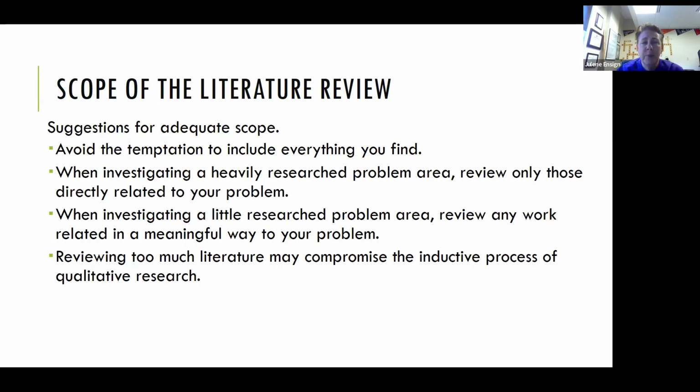Sometimes we pick problems where there's not a lot of research, and that's the reason we want to study it, because there hasn't been a lot done. But you have to find things that are at least a little bit connected for that comparing and contrasting that you do at the end.